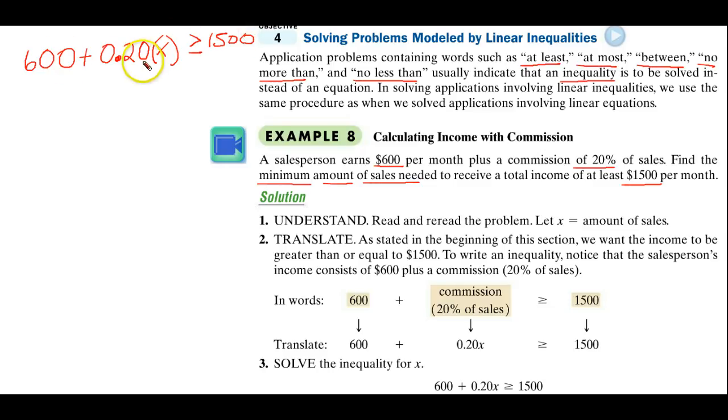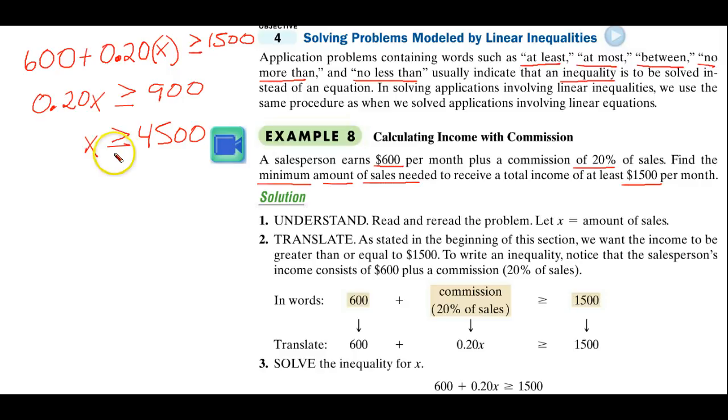Now, we could leave the decimal because that's only one little calculation. So we're going to subtract 600 from both sides, and we get 0.20x is greater than or equal to 900. Now we're going to divide both sides by 0.20, and let's see what we get.